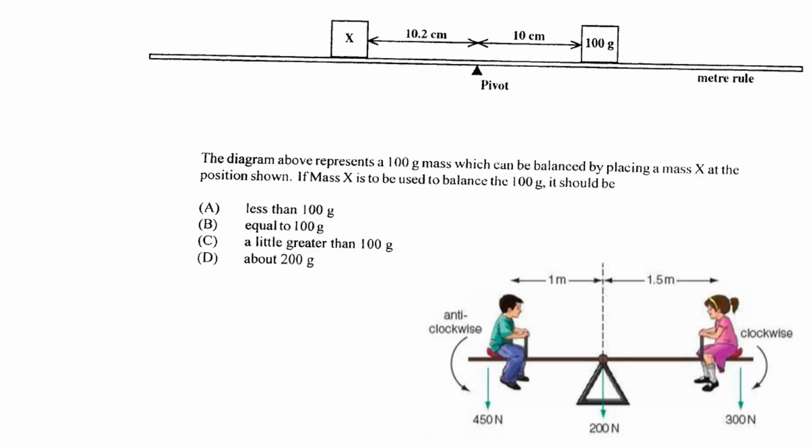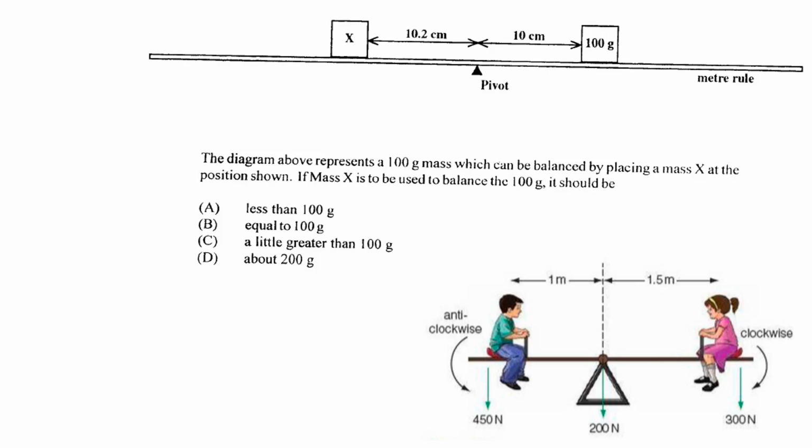If we have 100 grams on the right at 10 centimeters, then if it was exactly equal to 100 grams on the left for mass x, it would have to be at the same distance of 10 centimeters. Since the distance on the left is greater by just a little bit, that means the mass would have to be less than 100 grams.